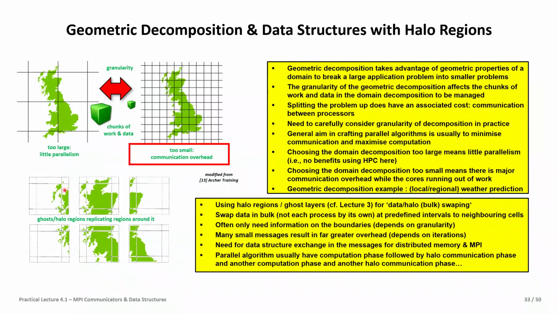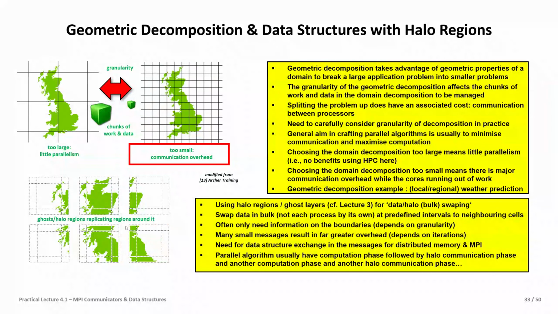And then, as we said before, we need this sort of ghost and halo region replication around it. You know this already, we have discussed it, so these are basically not really existing. It's just that the next time step needs this information to compute certain values in these ghost cells.